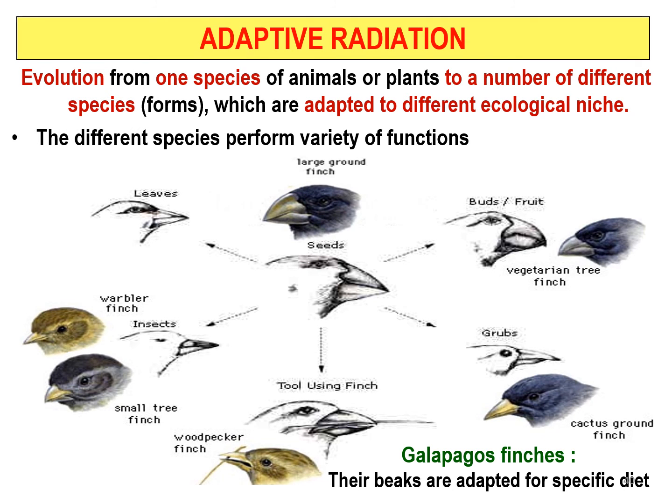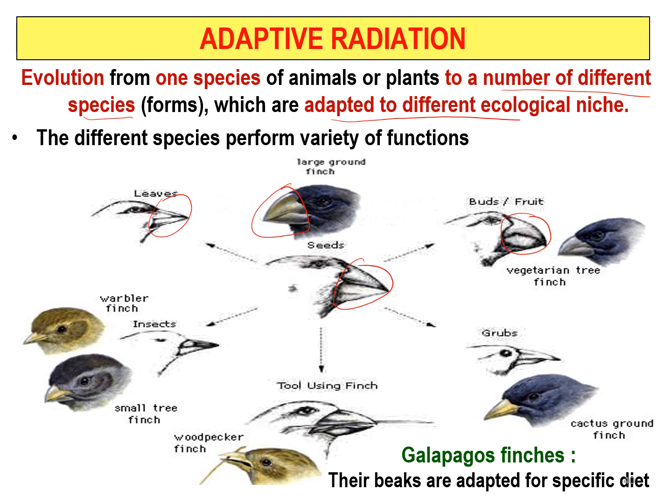Okay, yang dikatakan homologous structure tu pada beaks ni. Kalau kita tengok contoh pada beaks, struktur dia lebih kurang sama dan fungsi dia sama, adalah untuk makanan. So one species of animals or plants evolves to a number of different species, menjadi lebih daripada satu species.